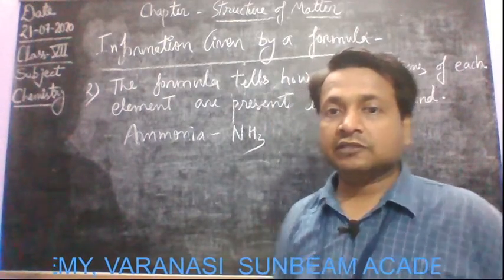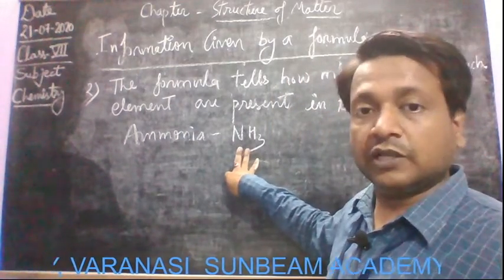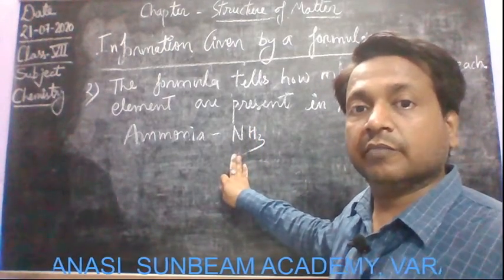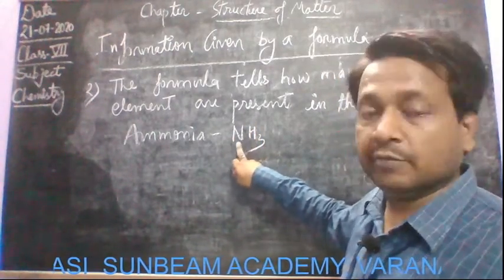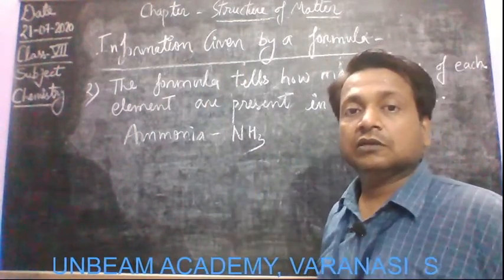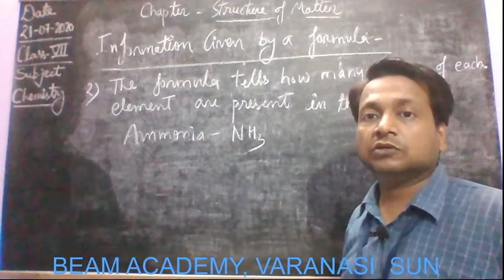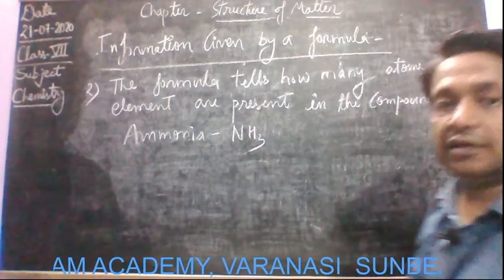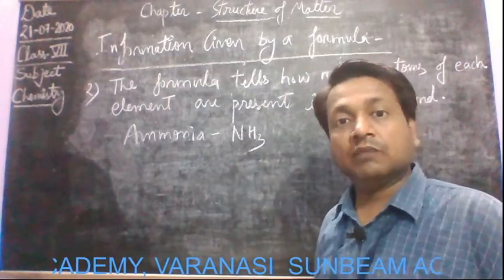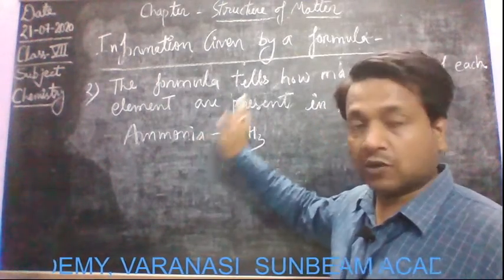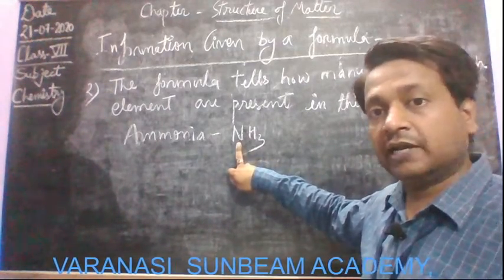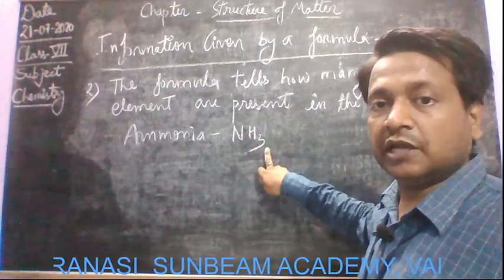NH3. As the formula of ammonia has given us the first information, that it is made up from these two elements, nitrogen and hydrogen. Now the second information is going to give us the number of atoms of these elements which are present in one molecule of this compound. So nitrogen, one atom, and hydrogen, three atoms.